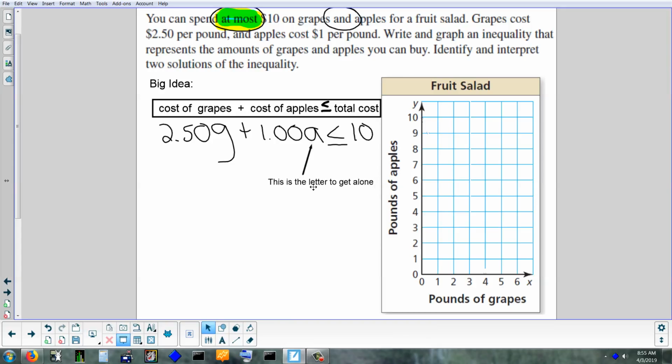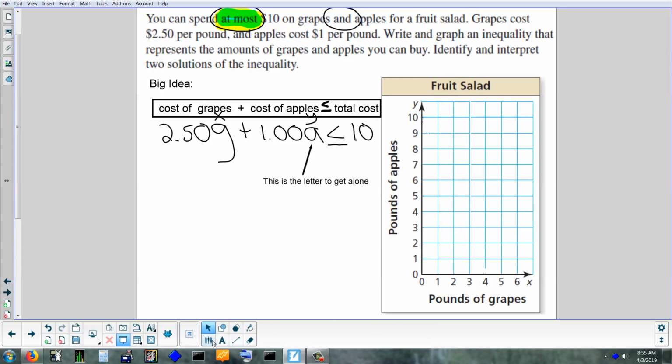Because it's not in slope-intercept form. Like Mr. Hager just said, this is the letter to get alone. We can think of the G as the X and the A as the Y. The letter immediately to the left of the inequality sign is what we want to get by itself.